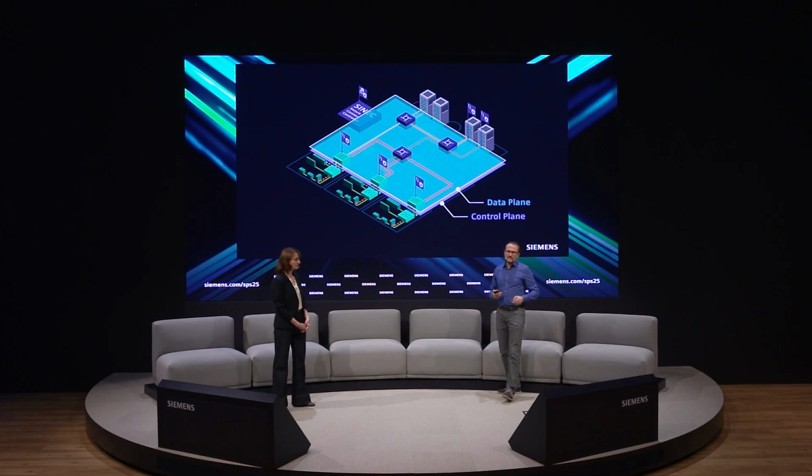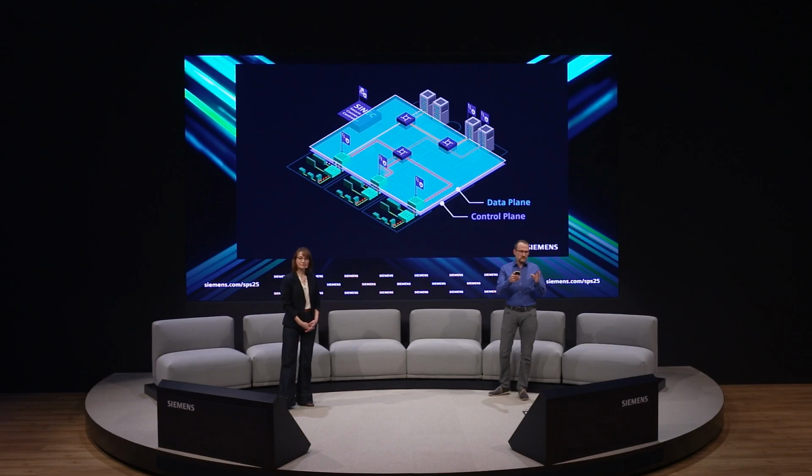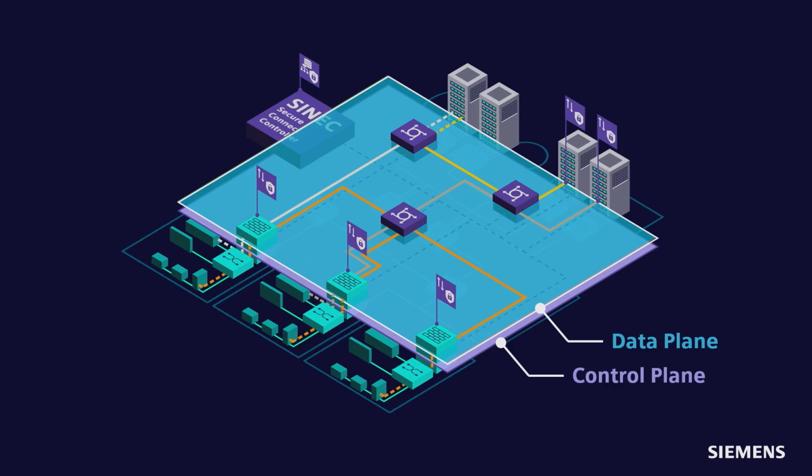Now let's have a look at the second layer. This is the data plane. On the data plane, all the data transport takes place. That means all the data transferred from position A to position B goes over the data plane. This is also a very important part of the network. And there we have a lot of points in the data plane that route the traffic.